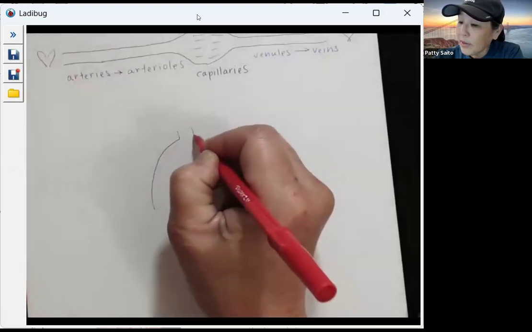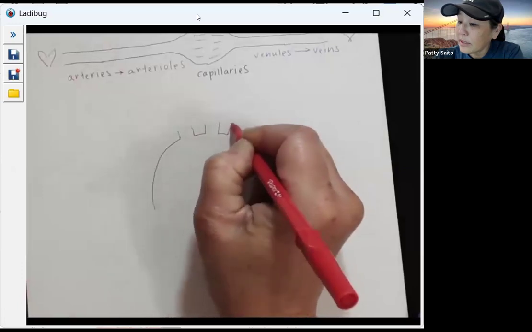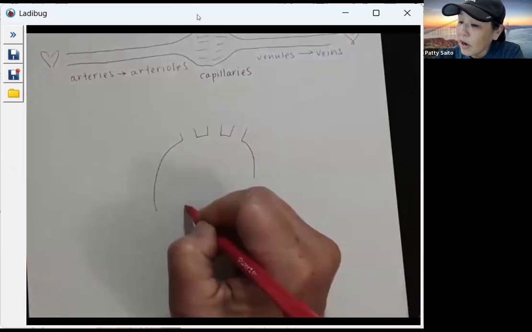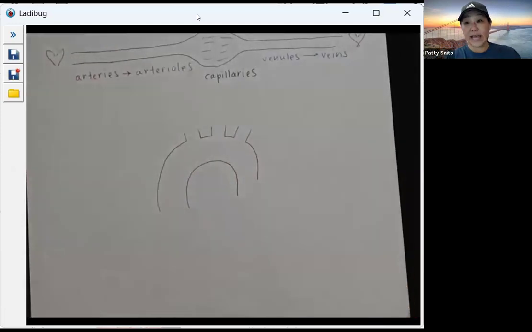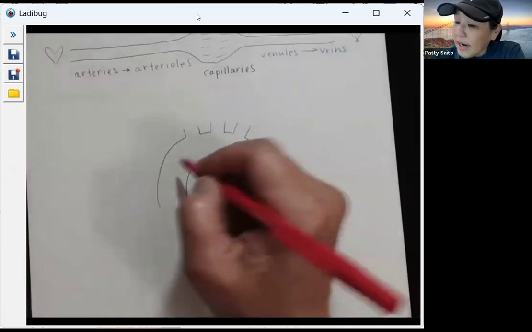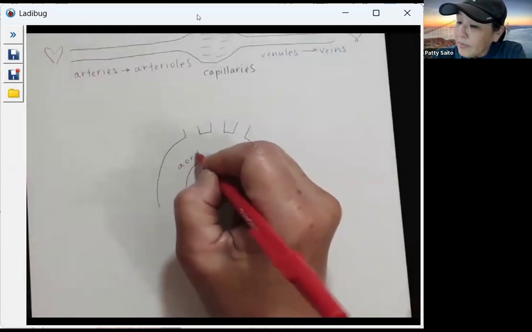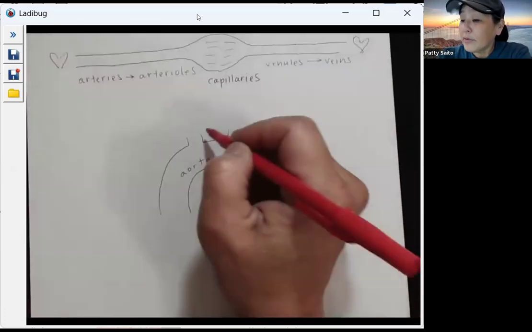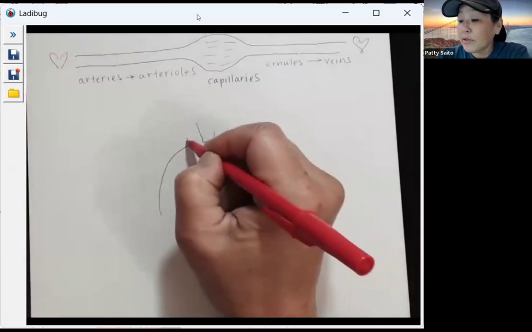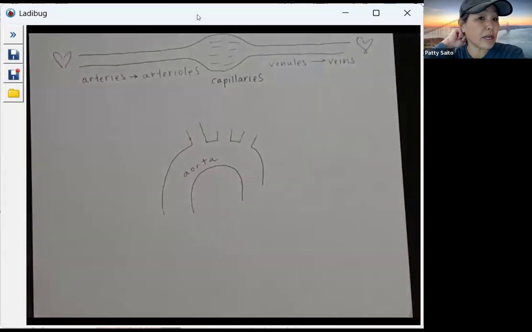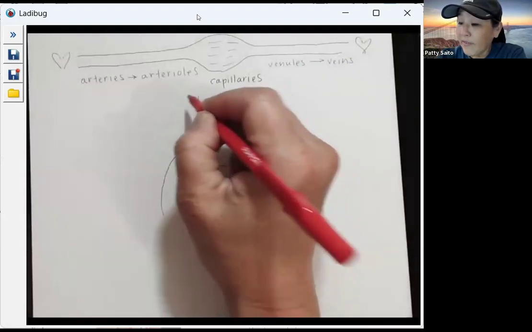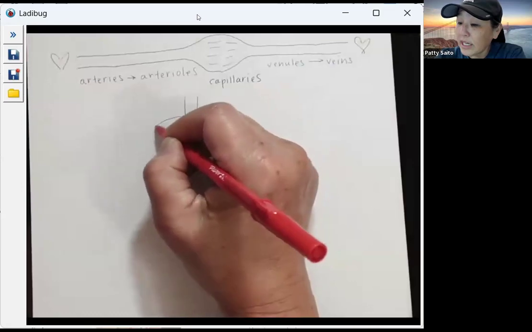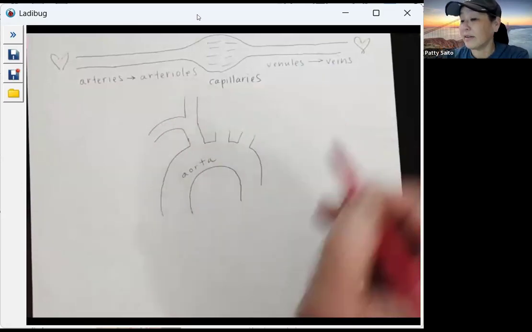And as I mentioned, there are three branches. And it arches, and it's going to go down through the thoracic cage and then into the abdomen. This first branch, brachiocephalic trunk. I know that it's going to branch again, right? Because it's a trunk.